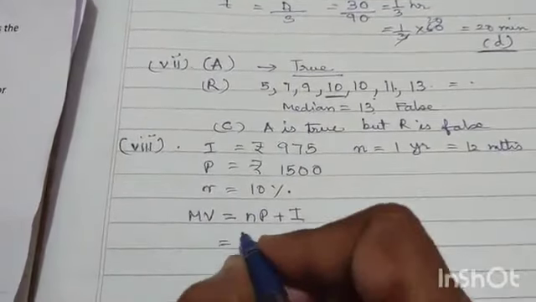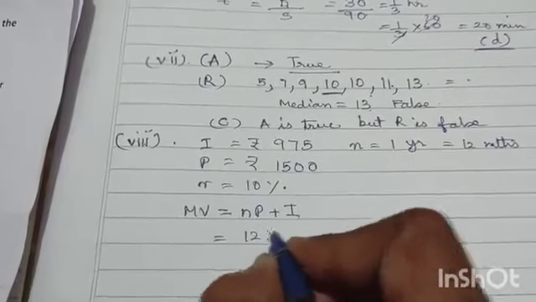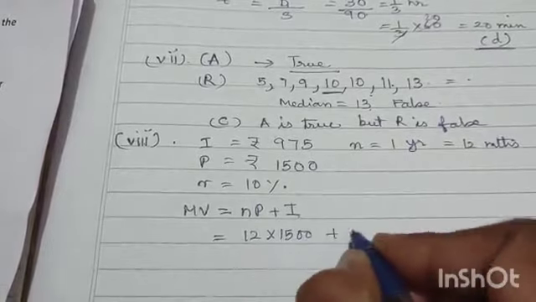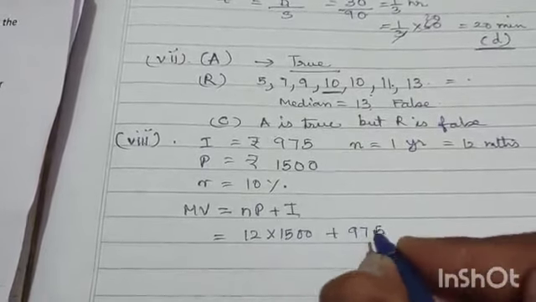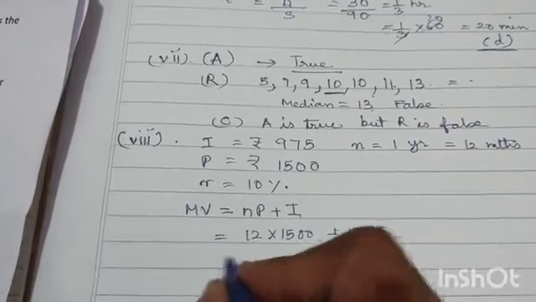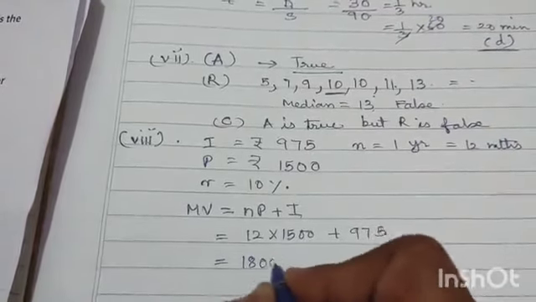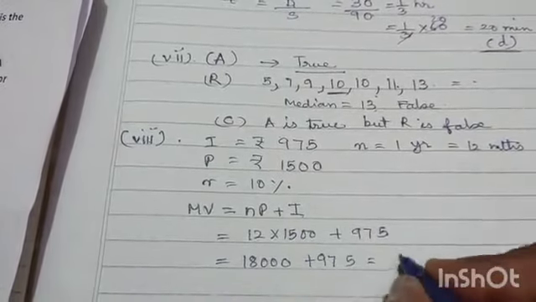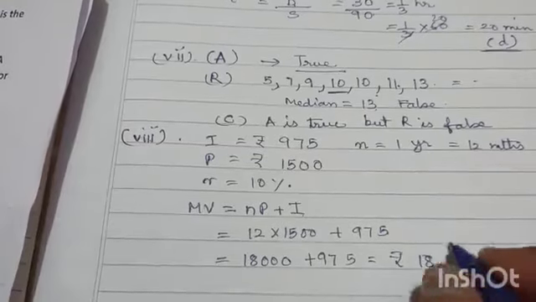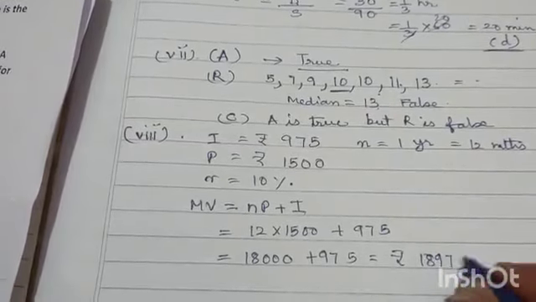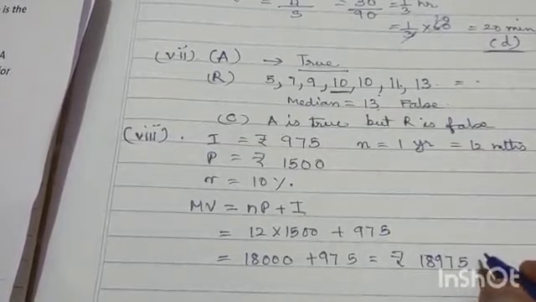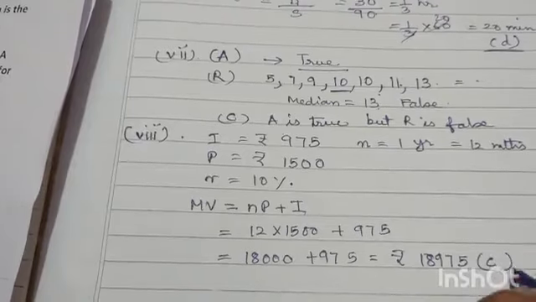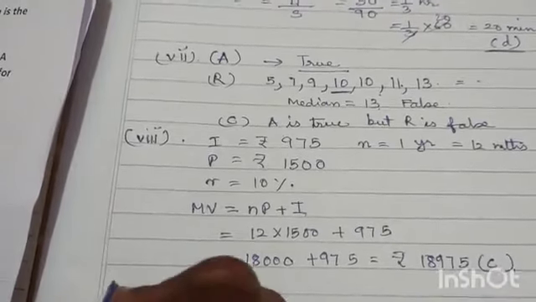Okay, so N is 12, P is 1500, plus I is 975. On multiplying this, we get 18,000 plus 975, that is rupees 18,975, which is option C.